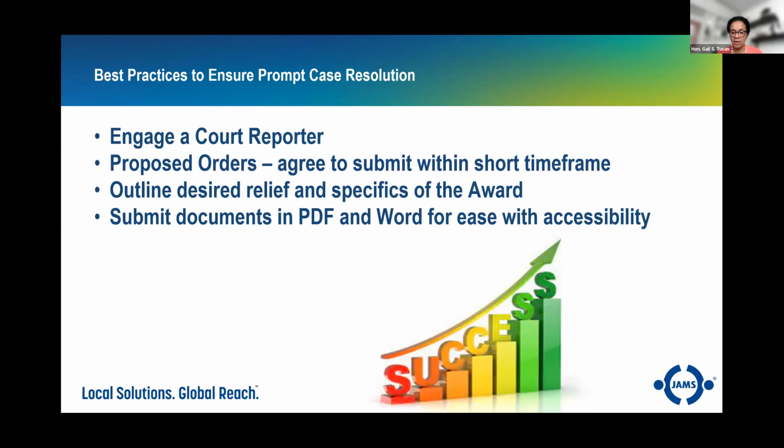We mentioned earlier the issue of a court reporter. Because, of course, the goal is to keep arbitrations as cost-effective as possible, that's a question that has to be decided, as well as deciding who's going to have access to the record if one is created.